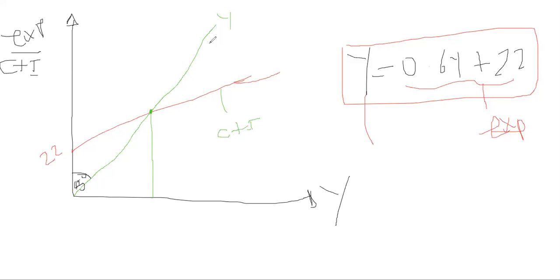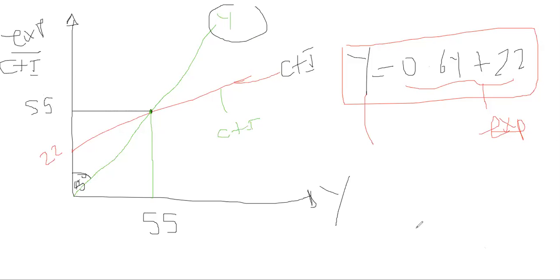Where this 45-degree line, which is our income, intersects with our expenditure line, we have the equilibrium in the market. We know that the equilibrium level of income was 55, and at the same point, our consumption plus investment will be 55. You can prove it.